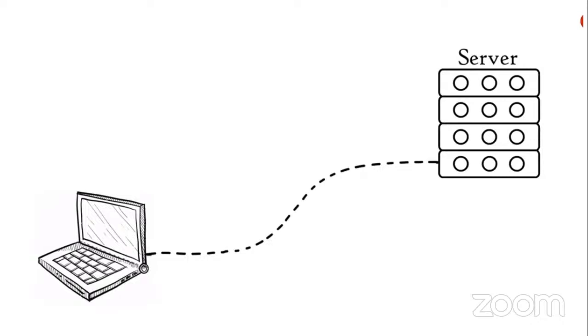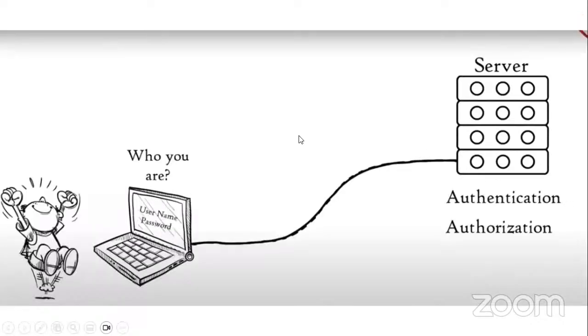To access this particular server, the Instagram server will check who you are. So how can that server know you are a particular person? By checking your username and password. That is called authentication. If you don't have an account, you can't access that server.